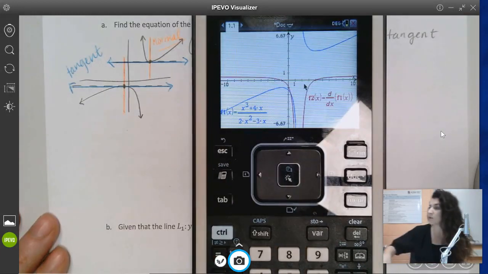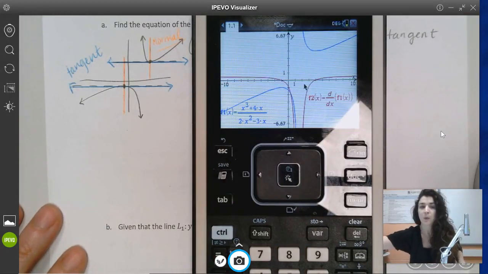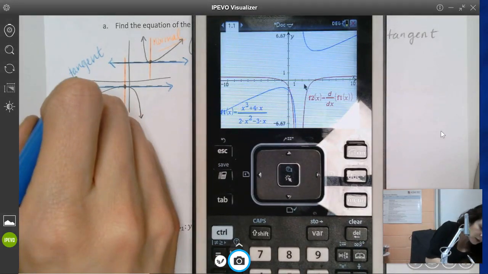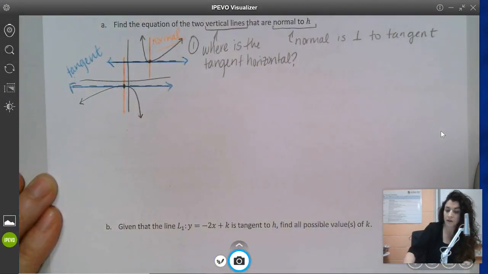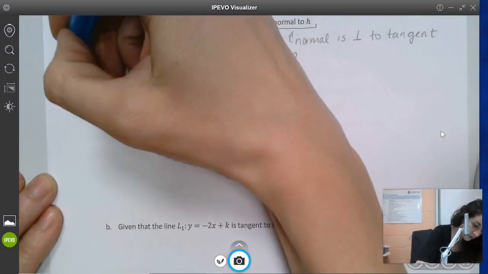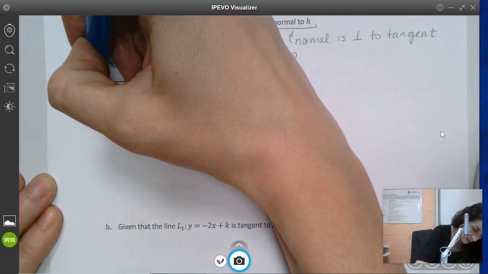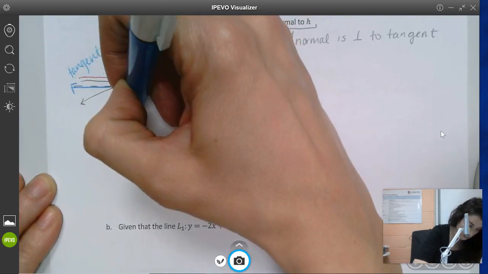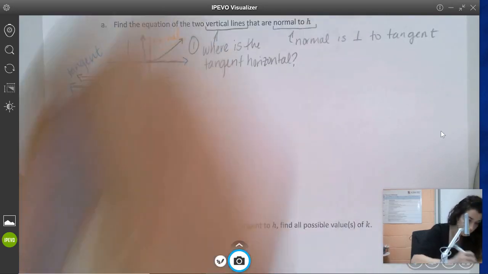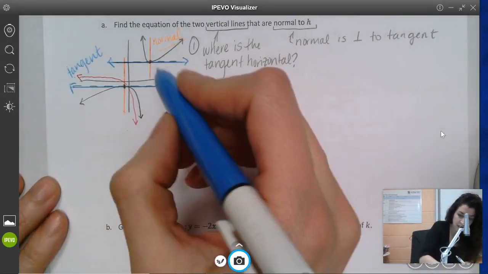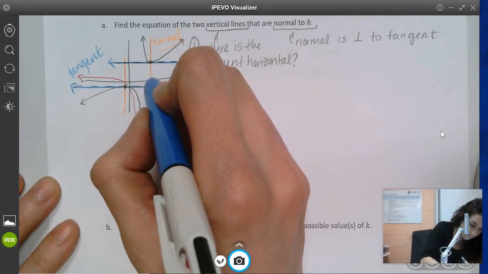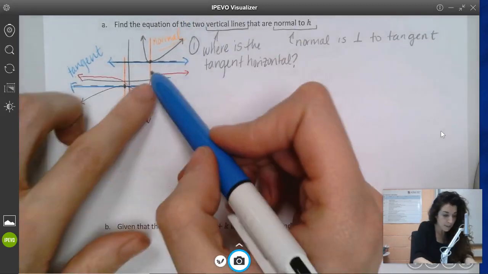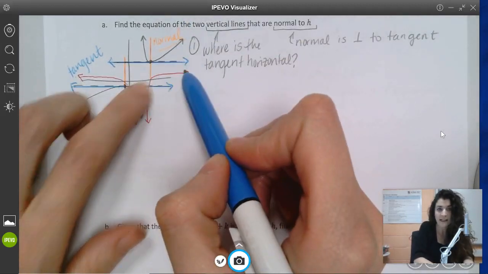We can show that derivative. Maybe I'll do it in red. Our derivative would look like that, and then like that.